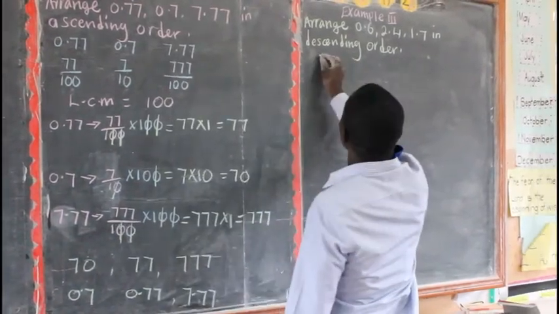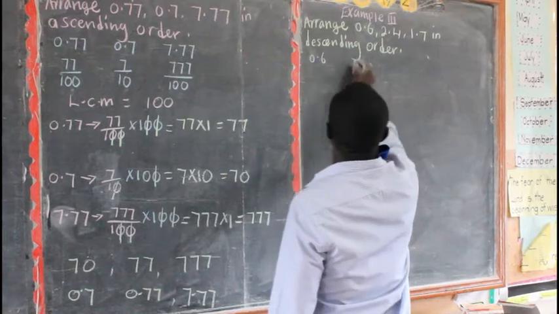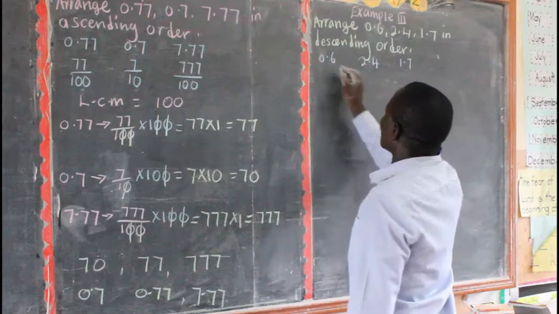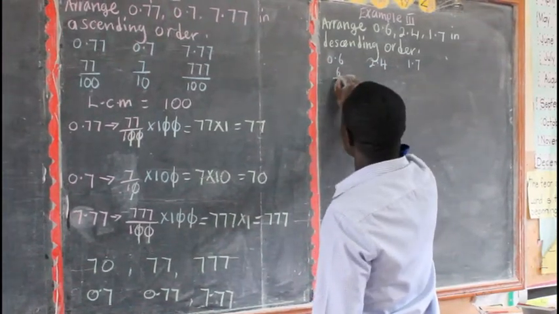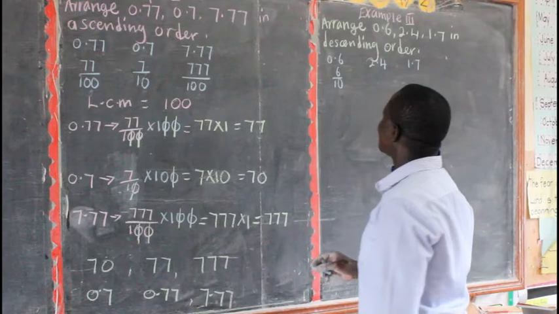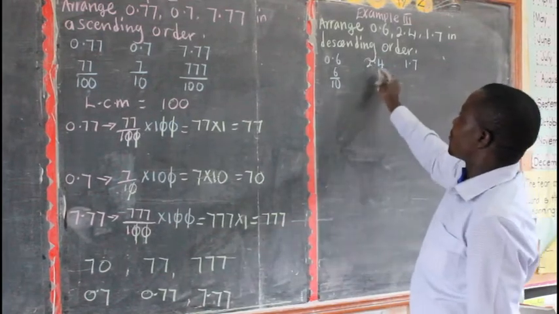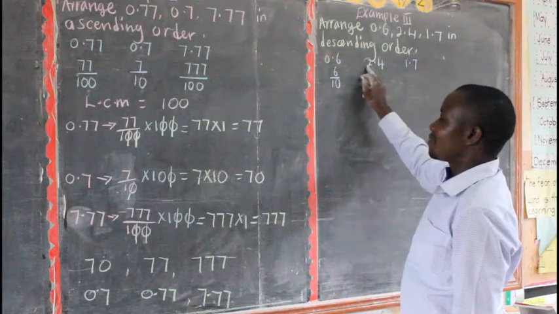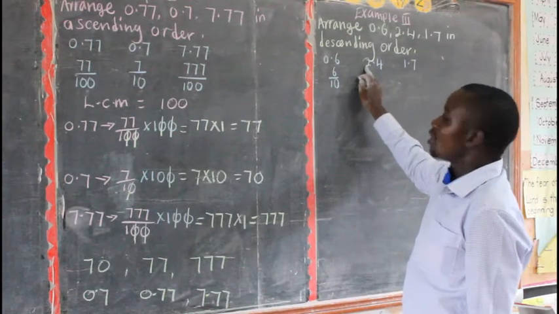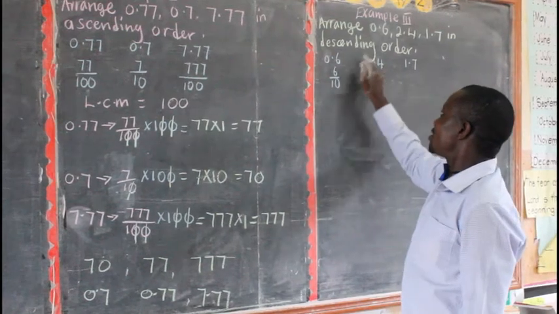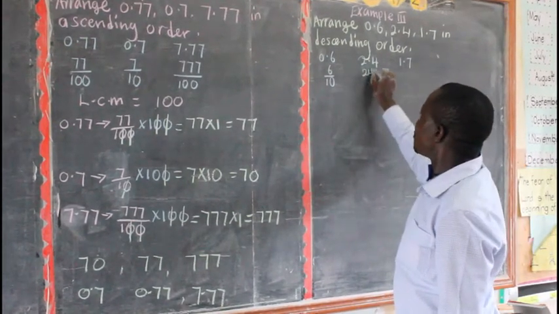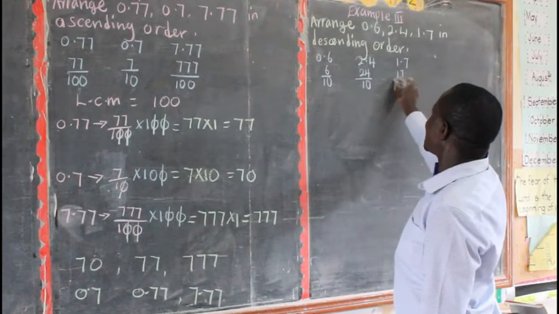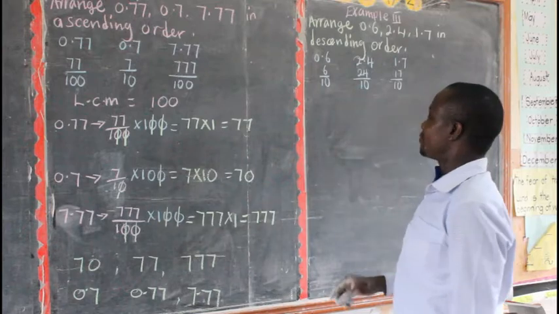So 0.6, 2.4, 1.7. This one here we write as 6 out of 10. Then this one, I said that we don't say 4 out of 10 because this is a digit apart from a 0. So if it is not a 0, we begin with this. You combine these two. You read them as 24 out of 10. Even here it is supposed to be 17 out of 10.